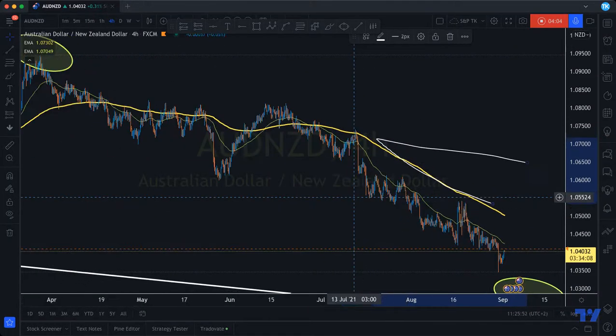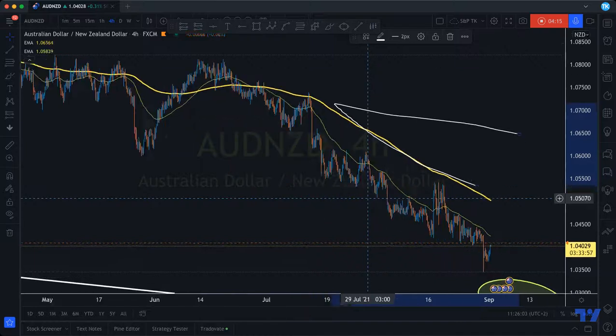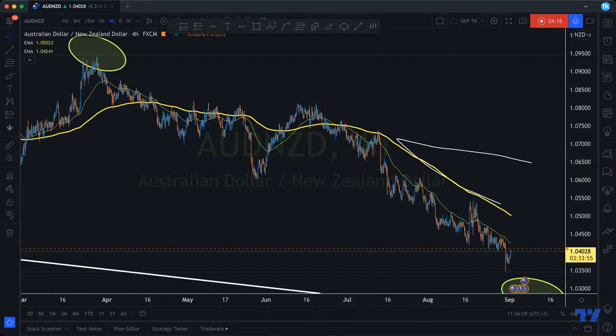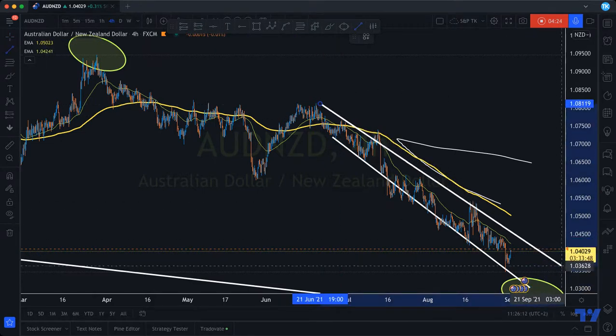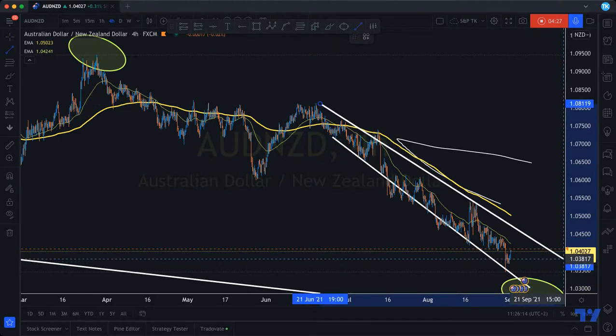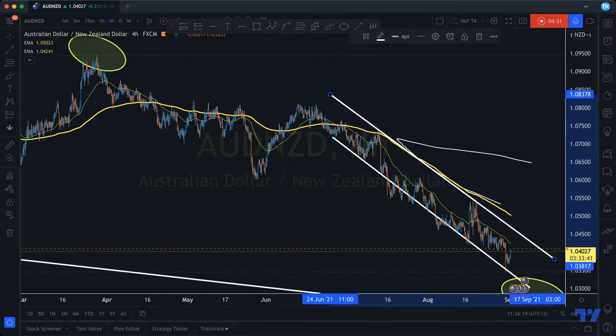Also for an intraday trade I will look for a sell. Basically this is what is happening here on AUDNZD. So daily and 4-hour time frame are correlated, we are short as well.